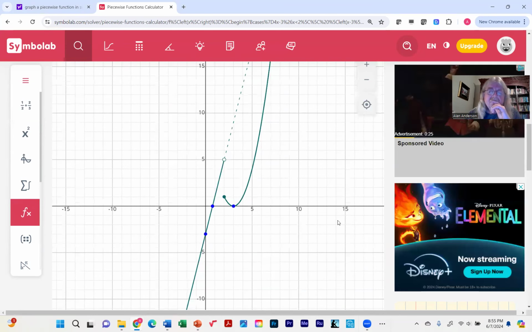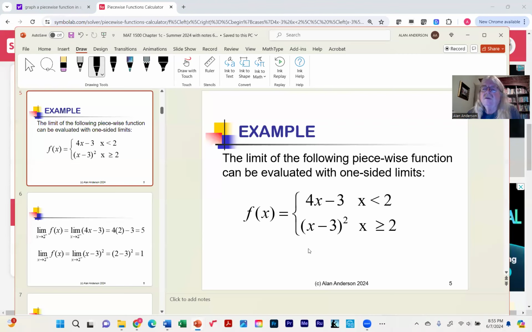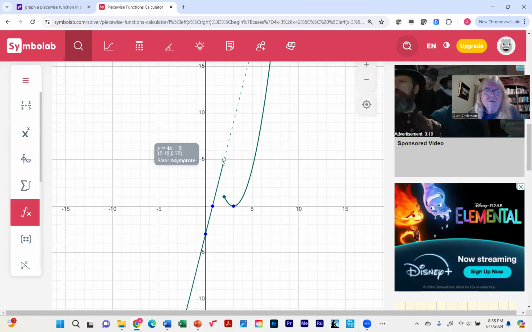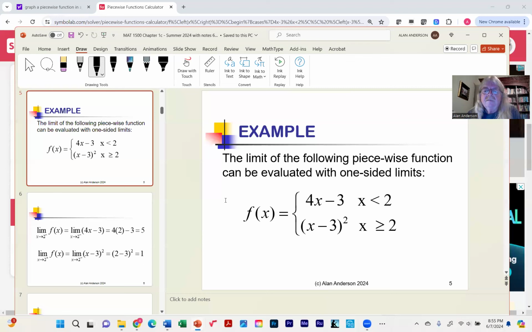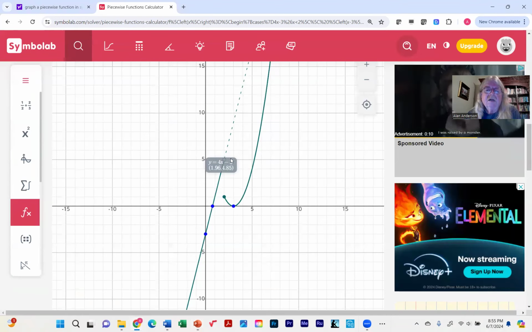So now what is going to happen here is that clearly the limit as x approaches 2 is going to be undefined because it's different coming from the left and the right.